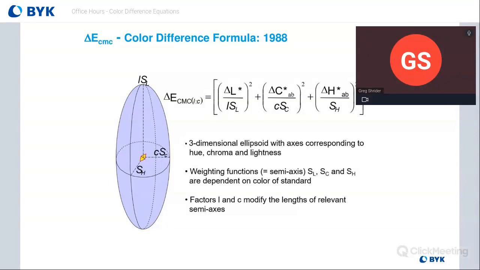And what the variables are is it was the first time it allowed to have different weighting systems for your L scale and your C scale. So it was a way to control the ellipsoid and how forgiving you wanted that to be. So we always talk about delta E CMC with an L to C ratio. And typically that L to C ratio for textiles was 2:1.